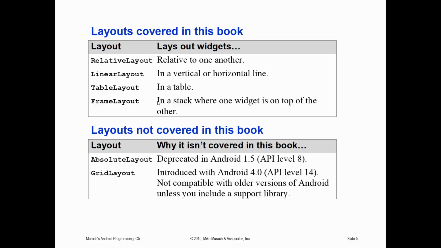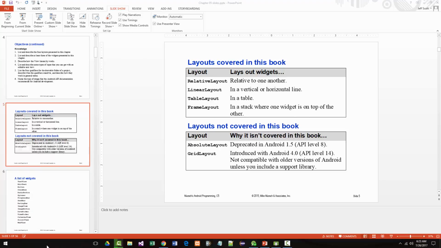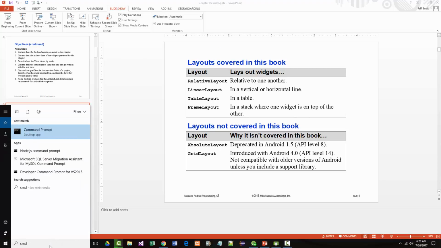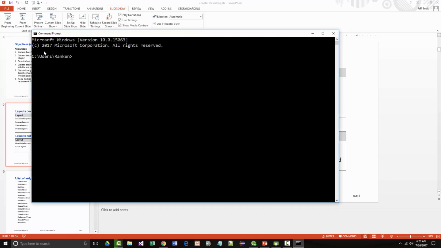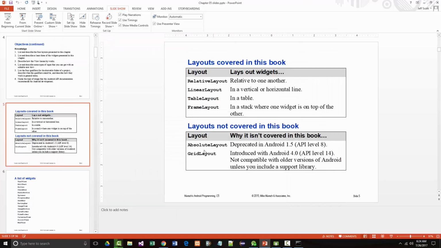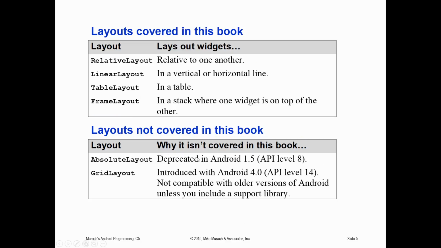And I was told, well, don't worry about it because DOS is going to go away anyway. It's not really that important anymore. Well, if I come down to the bottom of my screen and type in CMD, there's DOS, and it's there, between 25 and 30 years later, and even though it's deprecated, it's still available. But my point is, when something is deprecated, you shouldn't use it for new development.